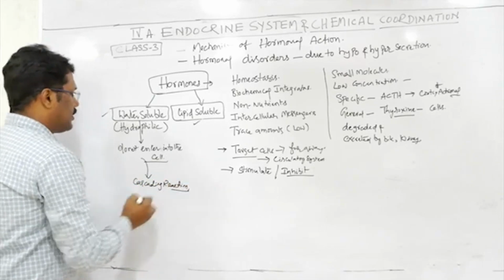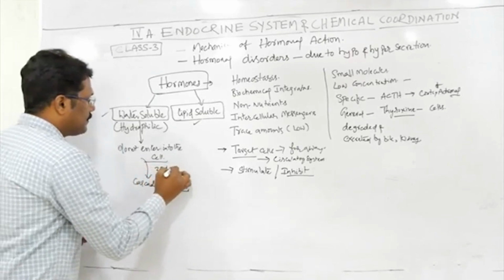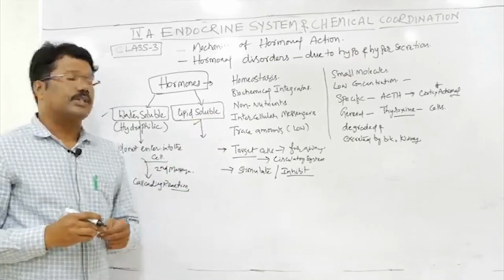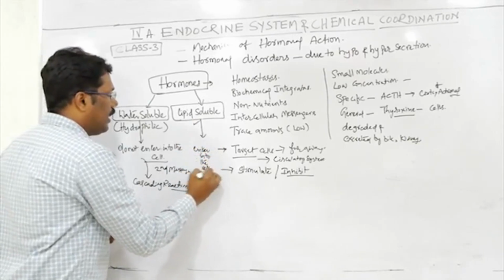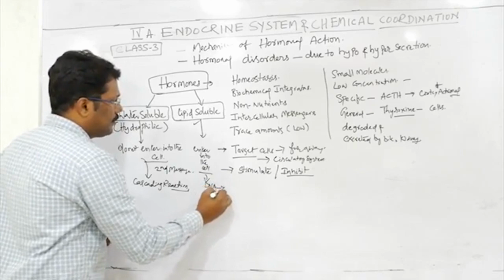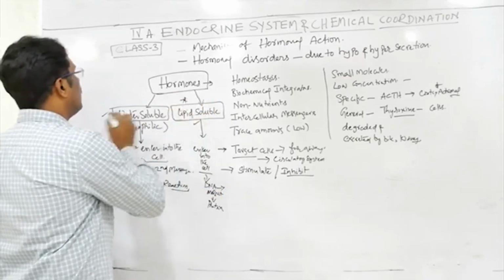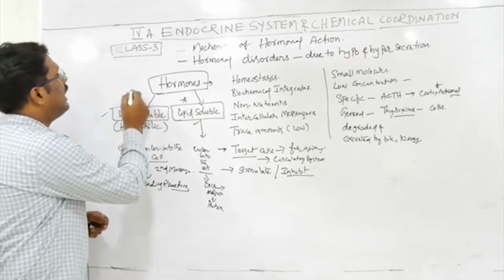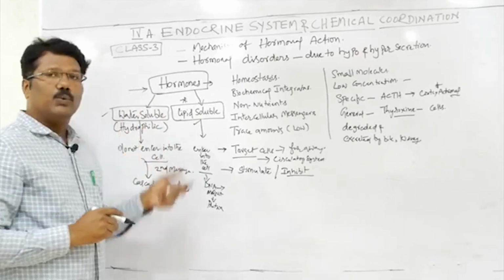And these cascading reactions are because of the formation of second messenger. Whereas in case of lipid soluble hormones, they can enter into the cell and directly influence the DNA and mRNA and protein synthesis. So, the mechanism of action is different for both the water soluble as well as the lipid soluble hormones, and let us see how this hormonal action takes place in first the water soluble hormones.